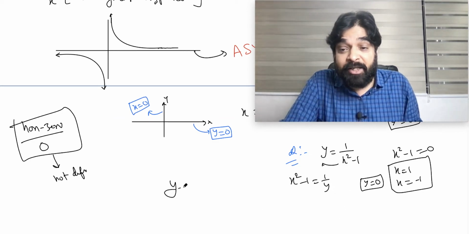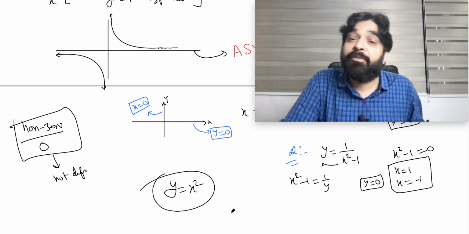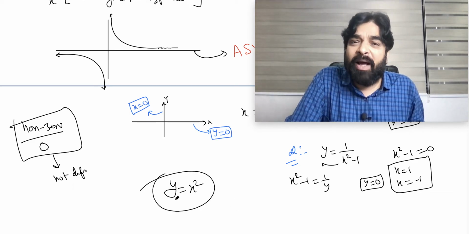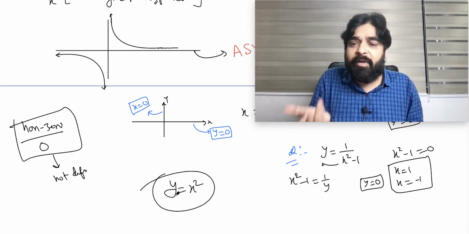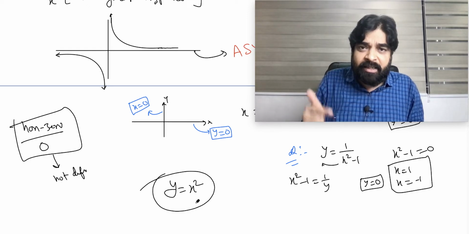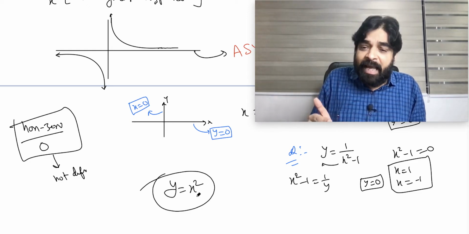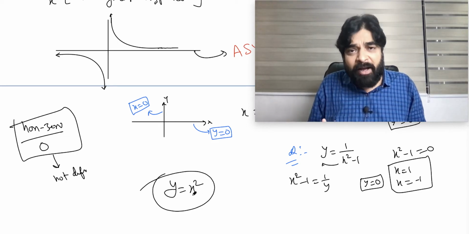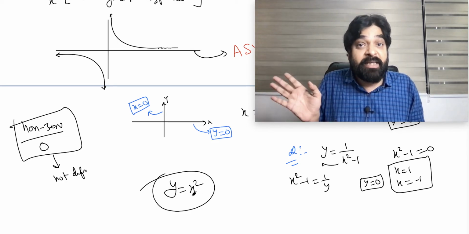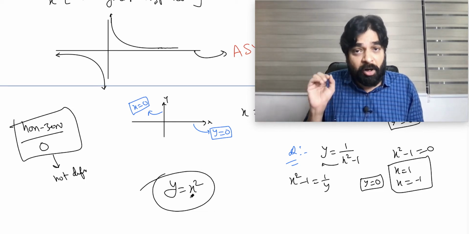If anybody asks whether a curve like y equals x square has asymptotes or not, think: can y be not defined? No. Whatever x you put, y will always be defined, because there is nothing in the denominator. Can x be not defined? No, because whatever y you put, x will be defined. x can be imaginary, but that is a different situation; I am talking about not defined.